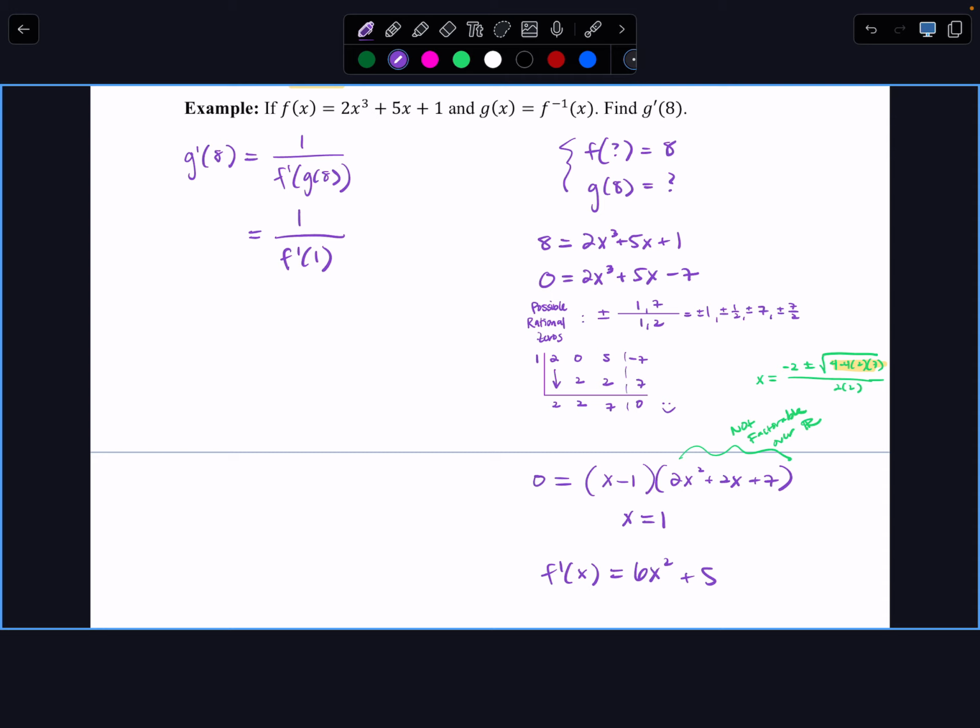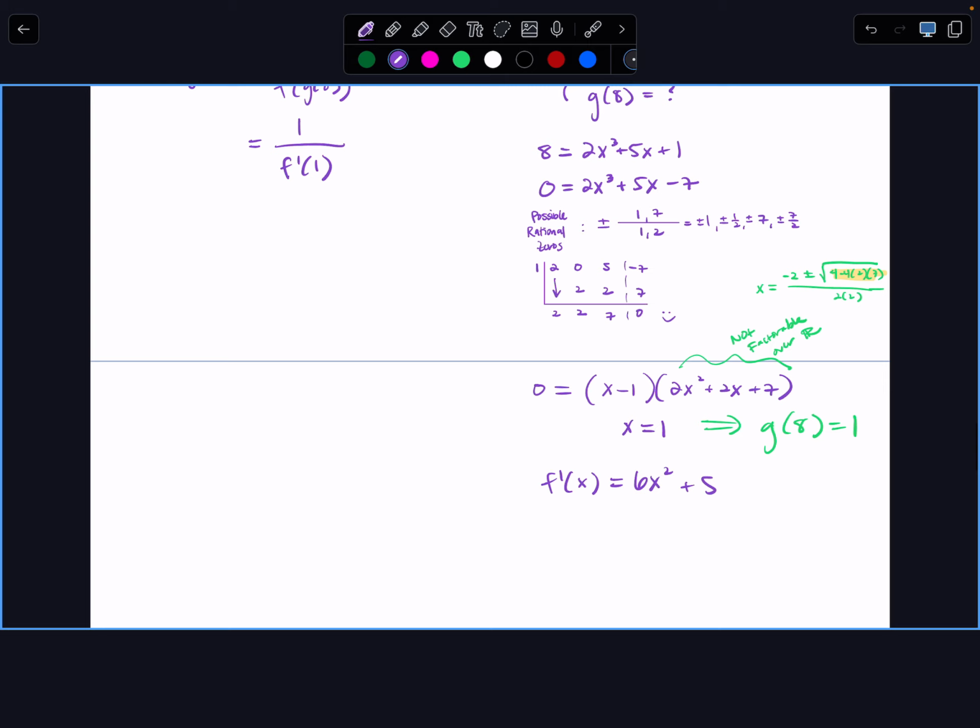So g of 8 is equal to 1. And then f prime of 1 will be 11. So 1 over 11. Easy peasy, lemon squeezy.